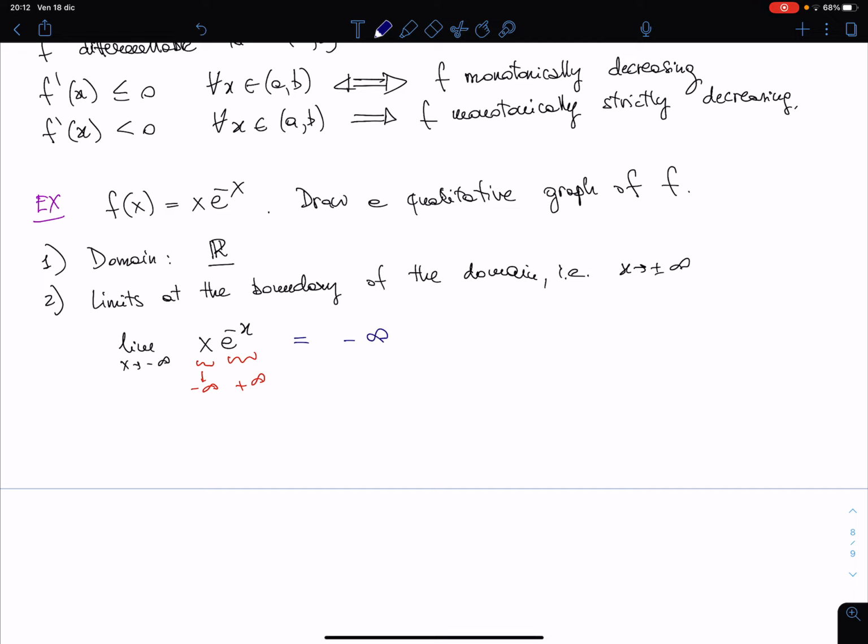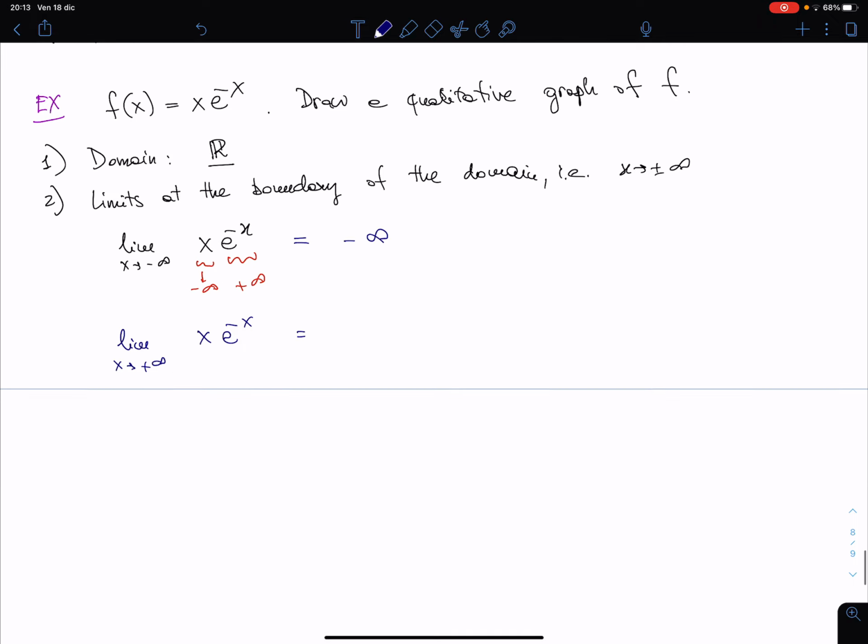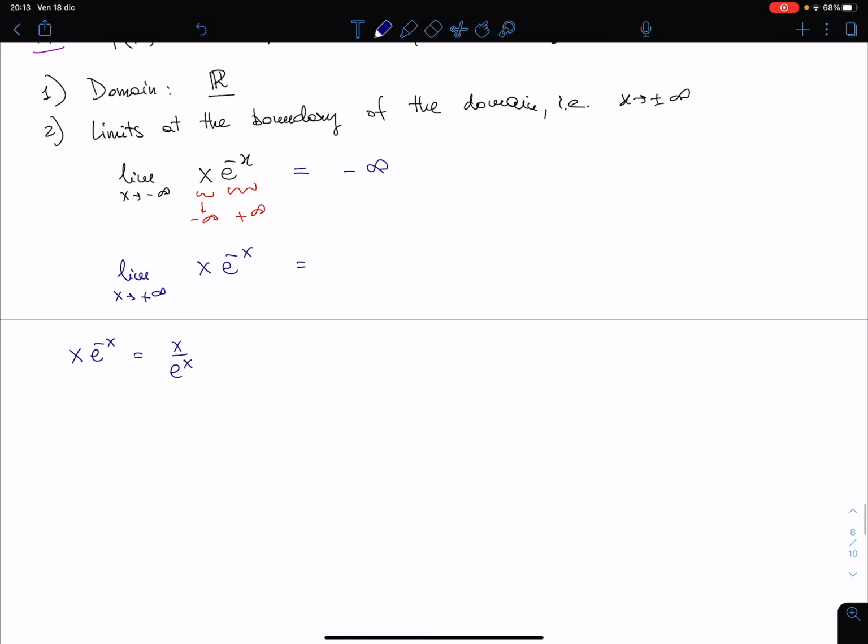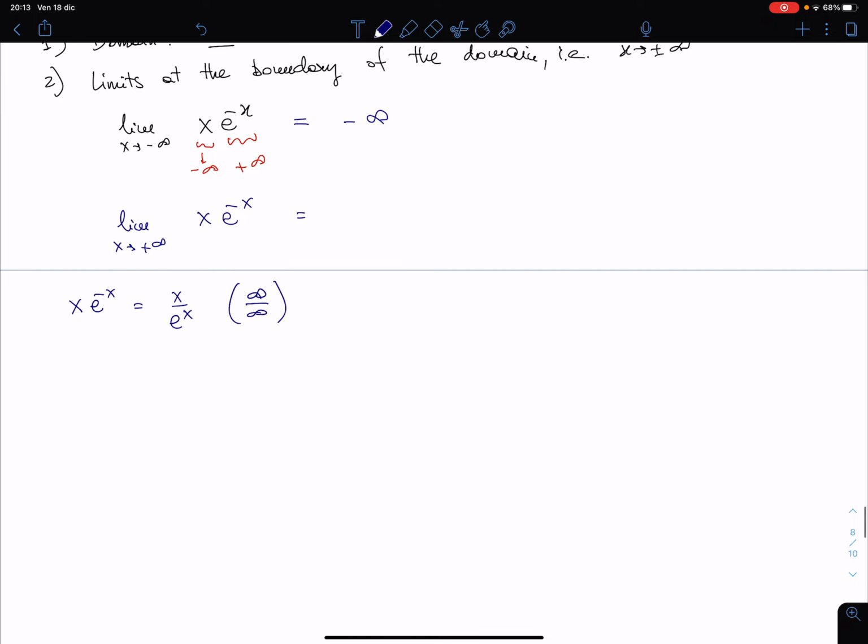On the other hand, the limit for x going to plus infinity of x e to the minus x is equal to what? So here you already know, but I want to proceed very slowly. So x e to the minus x is equal to x divided by e to the x. Okay? And so it is a case infinity over infinity. So we want to proceed by L'Hopital.